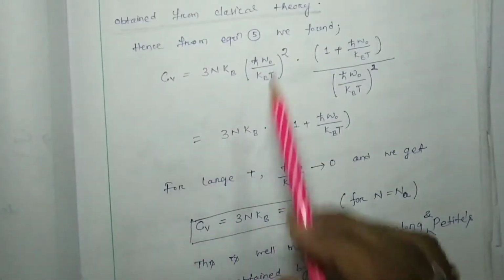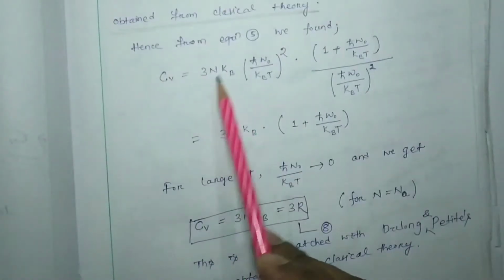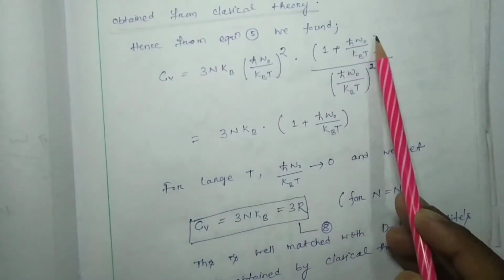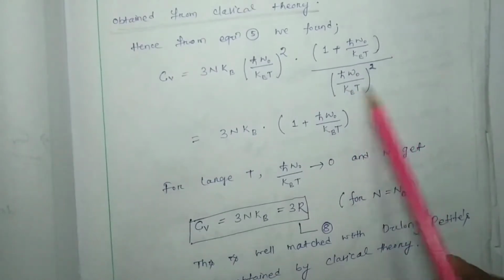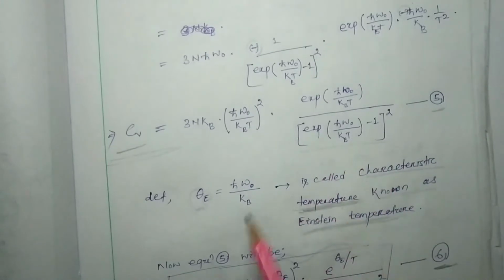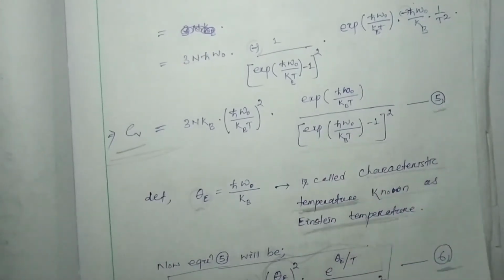So it will be modified as 3nkB (h cross omega 0 by kBT) squared into (1 plus h cross omega 0 by kBT) divided by (h cross omega 0 by kBT) squared, because this whole value is small at higher temperature.